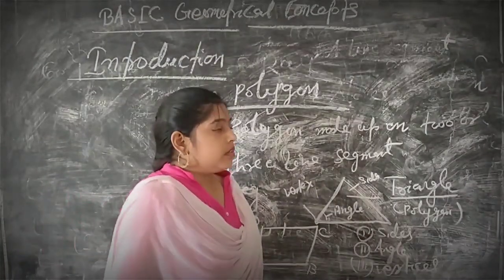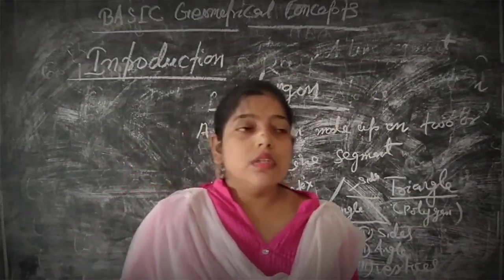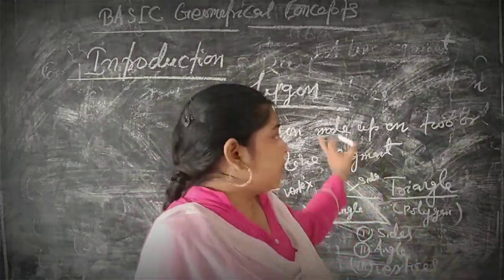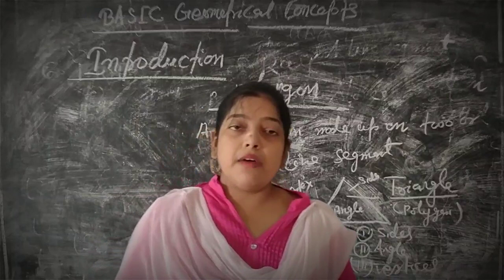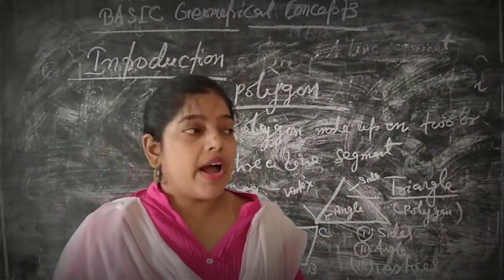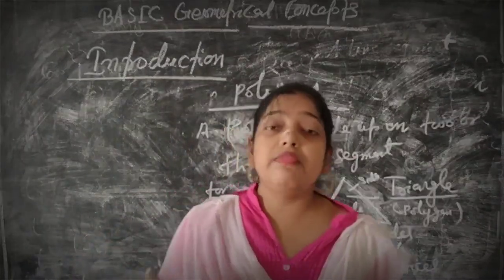Next is, what is the difference between a polygon and a curve? We know the definition of a polygon: a polygon is made up of line segments, but a curve is not a polygon. What is the definition of the curve?